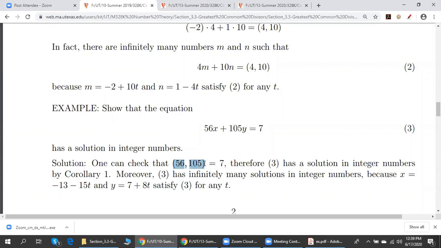Since the greatest common divisor of these two numbers is 7, by Corollary 1, there is a linear combination of these two numbers which is equal to 7. Means this equation has a solution in integer numbers. By the way, again, you don't have to worry about this yet. We will discuss it later. All we need right now is just sentence number 1.